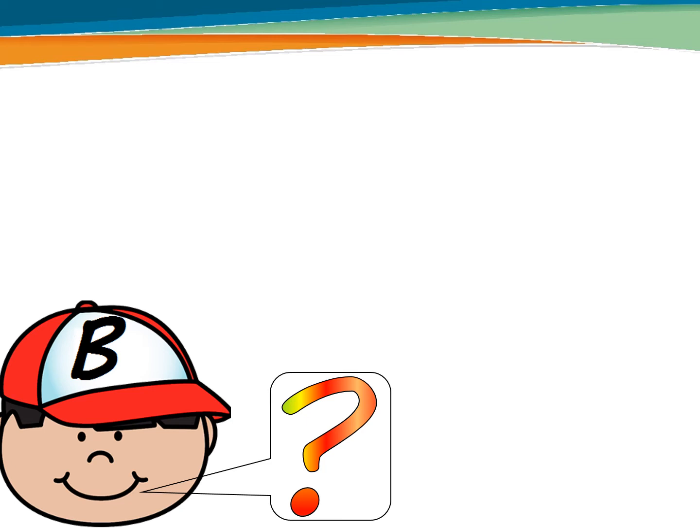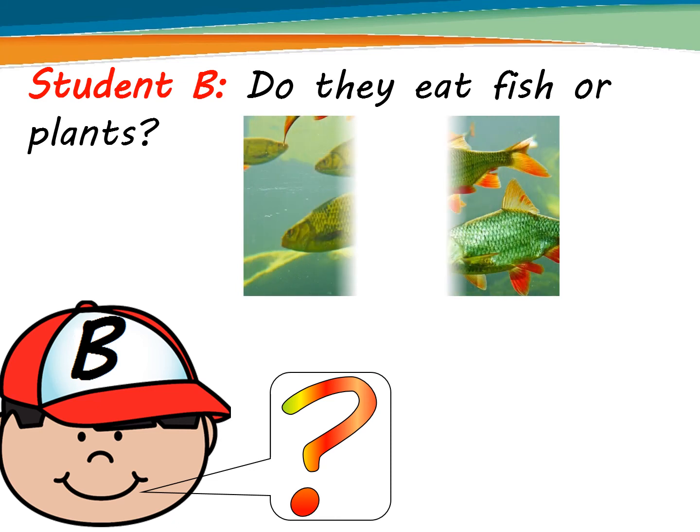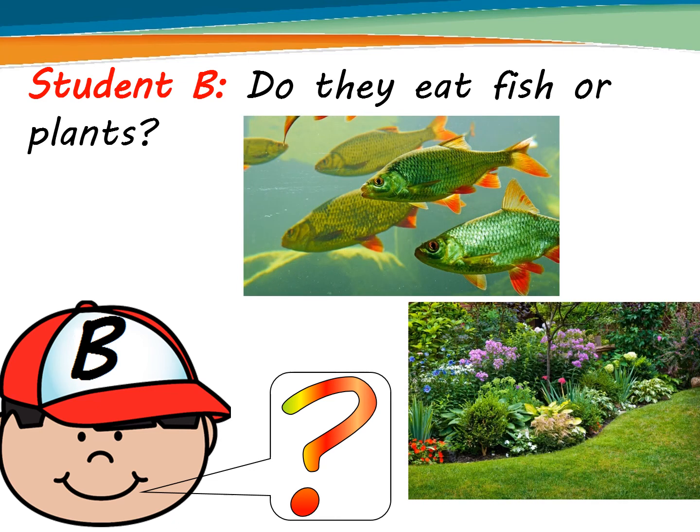He asks, "Do they eat fish or plants?" Do you remember what plants are? Plants grow in the ground, like vegetables or grass or flowers, even trees. Let's read one more time. Do they eat fish or plants?